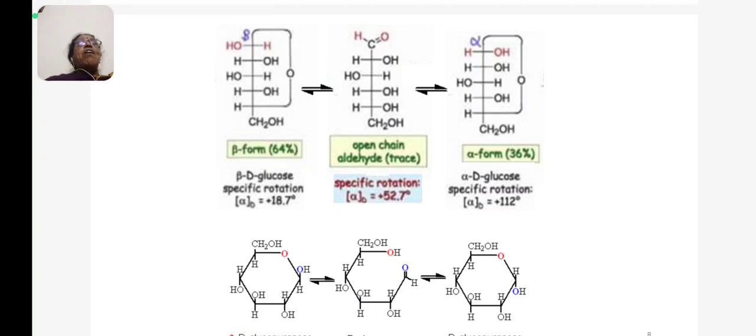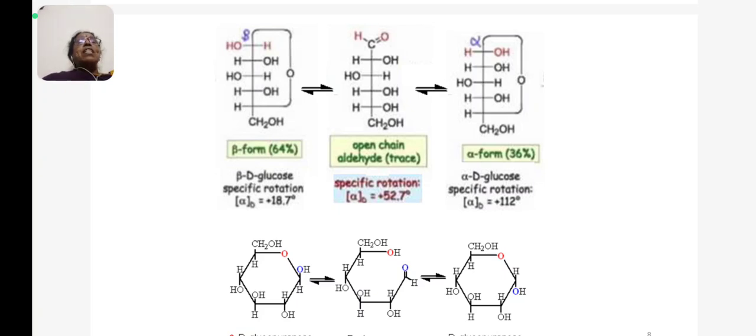In alpha and beta glucose, at the first carbon atom, if hydrogen is present on the left hand side and the hydroxyl group on the right hand side, then that form is said to be the alpha form of glucose. In the beta form of glucose, at the first carbon atom, the hydroxyl group is on the left hand side and hydrogen is on the right hand side.